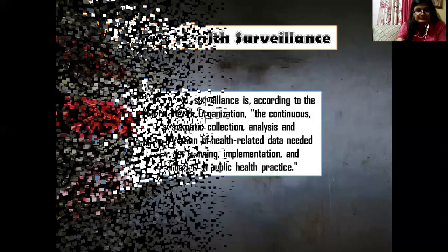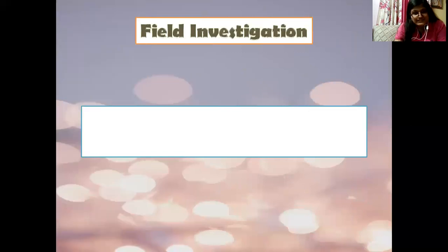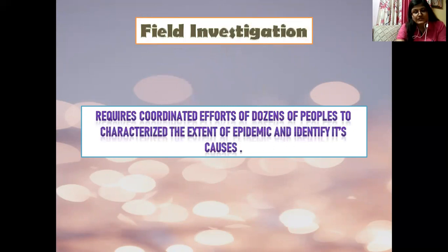Next is field investigation. Field investigation requires the coordinated effort of dozens of people to characterize the extent of an epidemic and identify its causes. As we all know, in field work we have to move from one place to another to investigate the cases and learn the facts about the diseases and their causes.